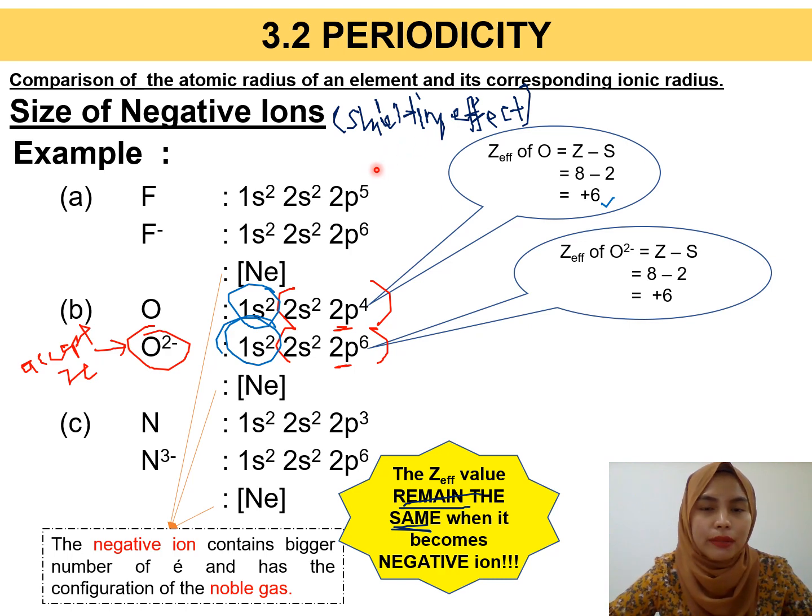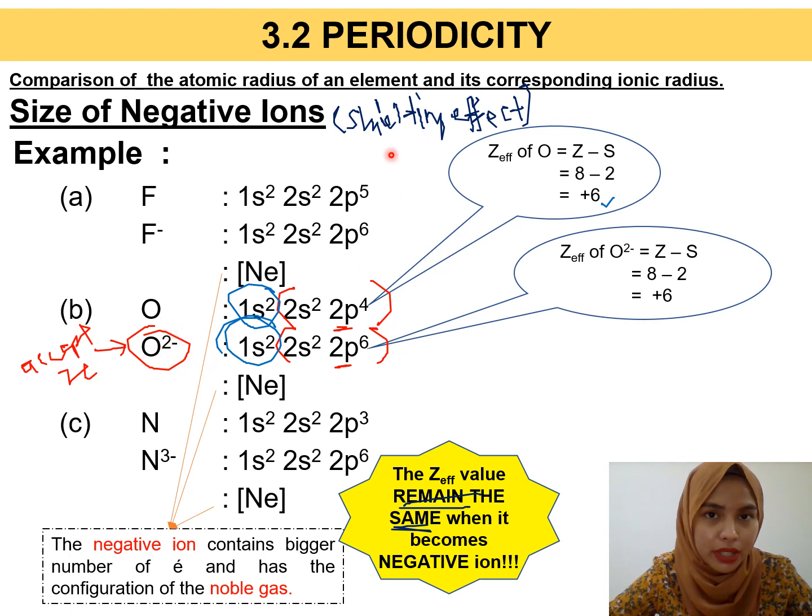Okay, so why is the negative ion bigger? Because its effective nuclear charge remains the same. The shielding effect will increase when you accept electrons, so there will be increased repulsion of the electrons in the shell.